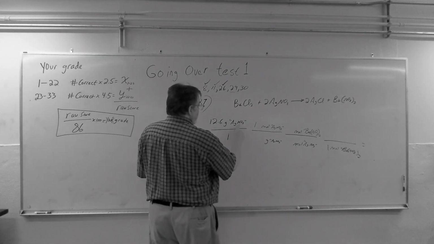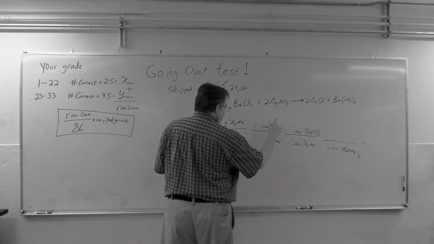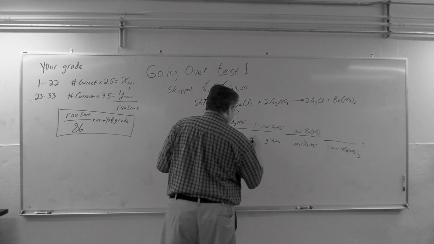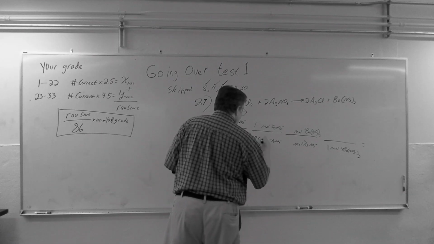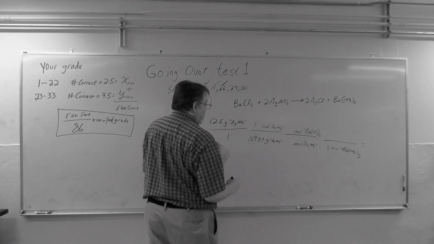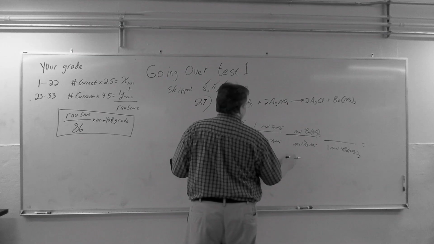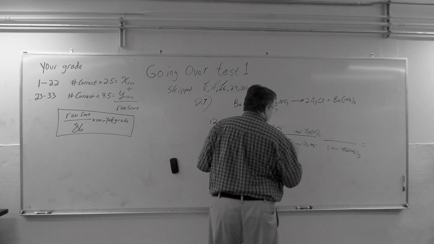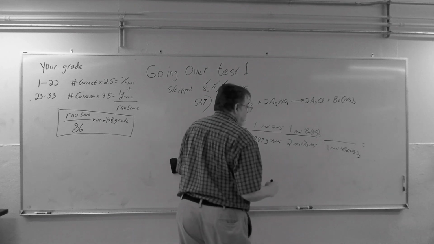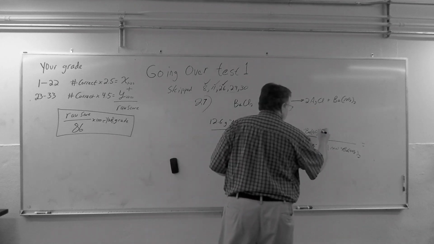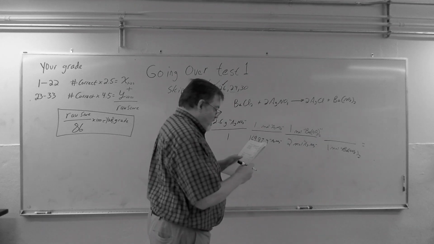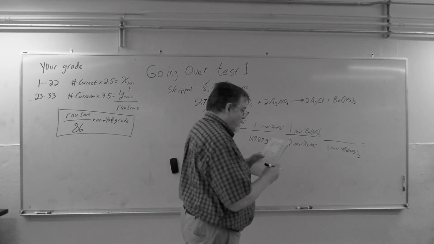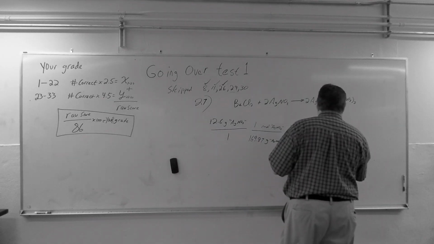So 12.6 grams of AgNO3, 1 mole of AgNO3 is this many grams, and I gave it to you, 169.87, so you didn't have to calculate it. This is that molar ratio, 2 AgNO3 to 1 Ba, 2 to 1. And then the grams per mole for Ba(NO3)2, we gave that to you, 261.34.